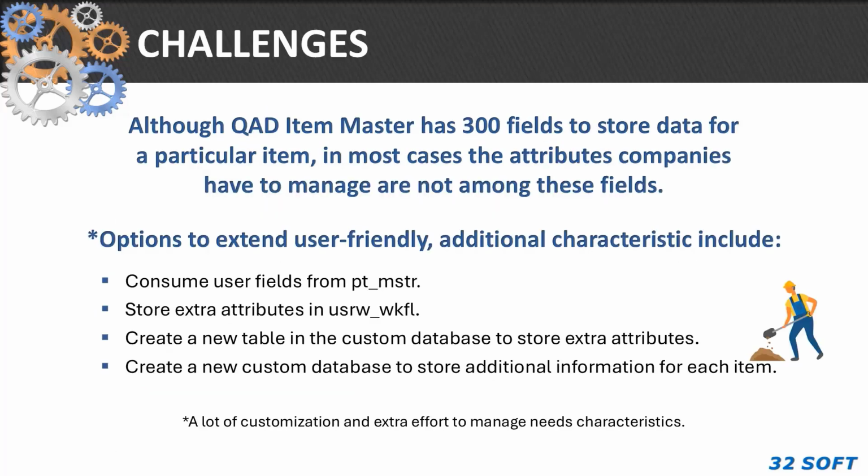Although QAD Item Master has over 300 fields to store data for a particular item, in most of these cases, the attributes a company has to manage are not among these fields.